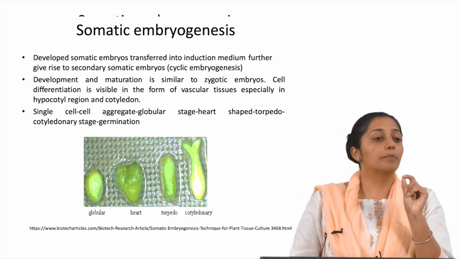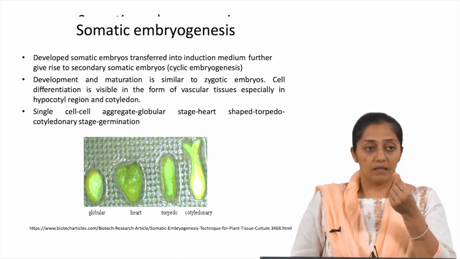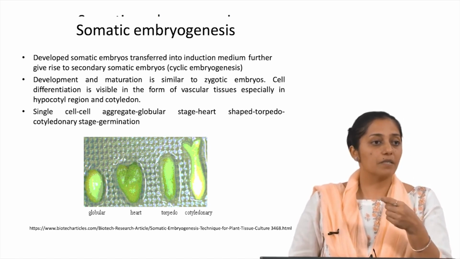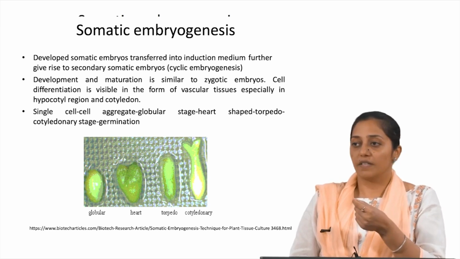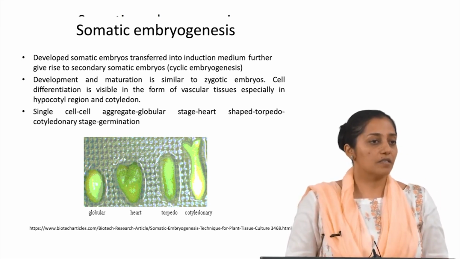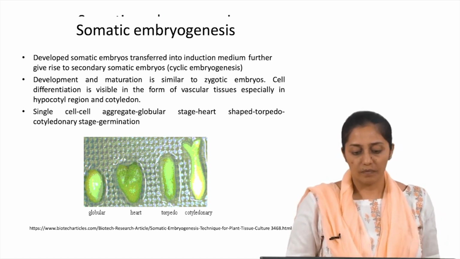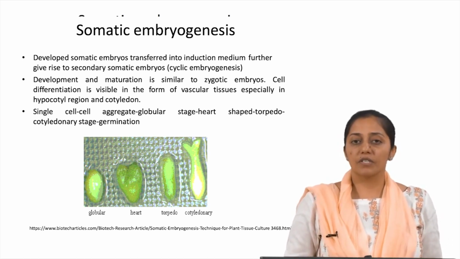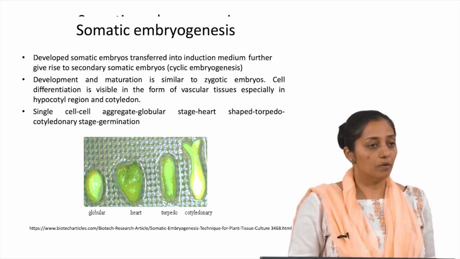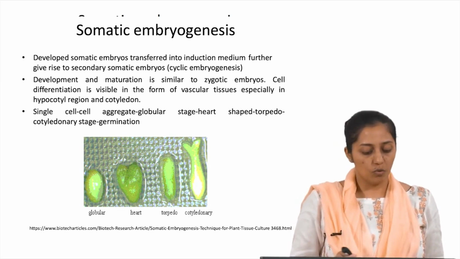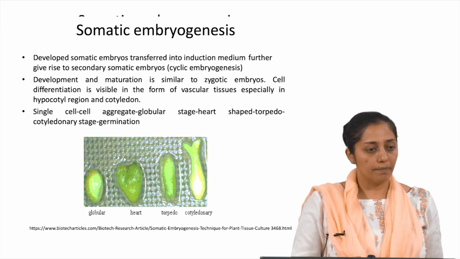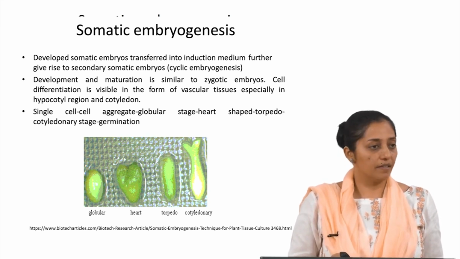Generally you can see in the hypocotyl regions where the xylem elements start becoming visible, and in the cotyledonary region. And then the cotyledons, the shoot primordium and the root primordium appear. So development and maturation is similar to the zygotic embryo. There are 4 stages known: globular, then heart shape, then torpedo and cotyledonary stage.